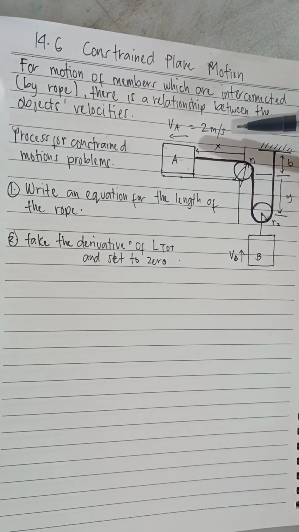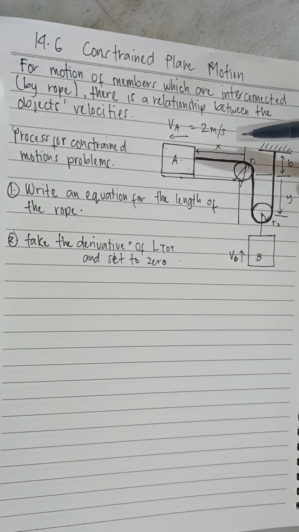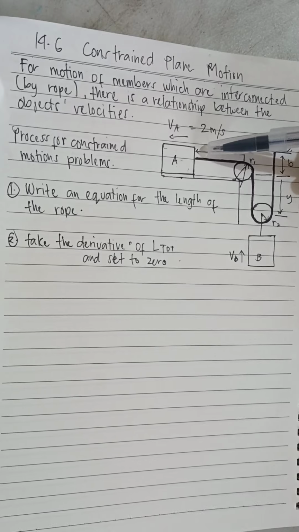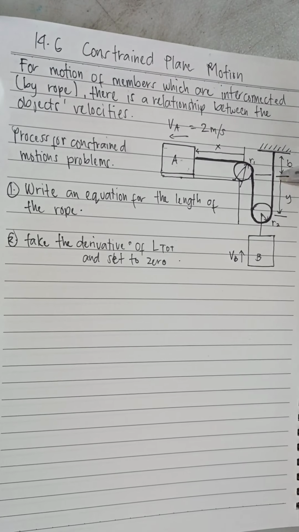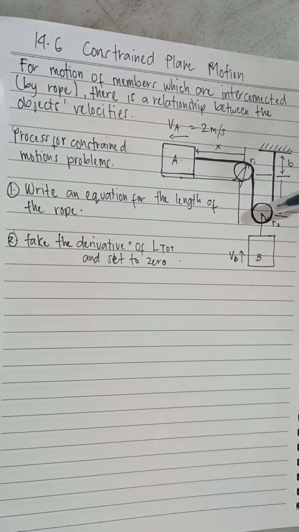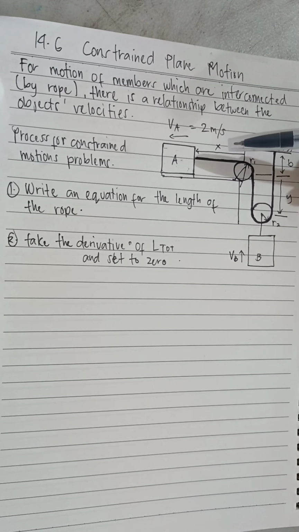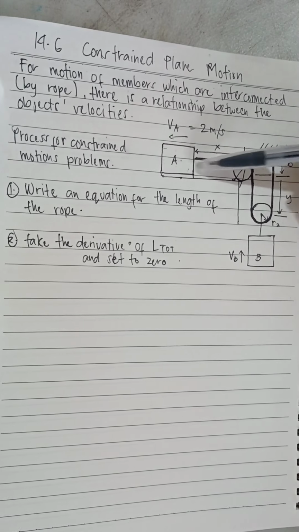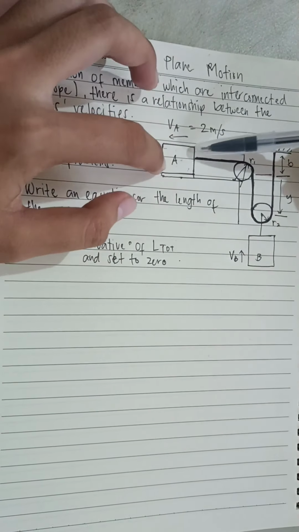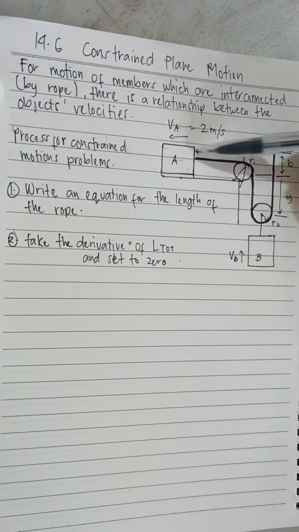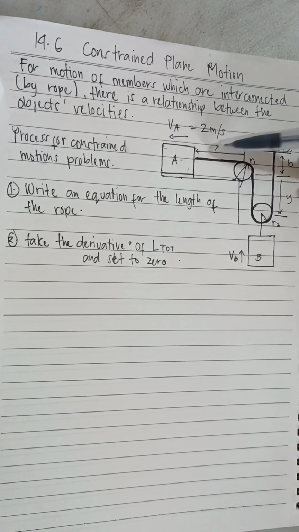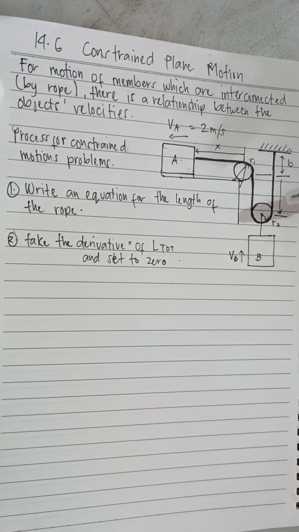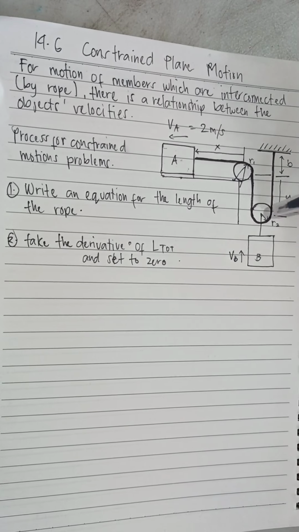Makikita nyo ba, maiimagine nyo ba na pag hinila natin itong rope dito na nasa X at itong rope naman na nasa Y is going around this pulley, and that this rope na nasa X is expanding. Kumbaga, humahaba siya. Habang hinihila itong block A ay humahaba itong rope na nasa X. At itong rope naman na nasa Y is shortening.